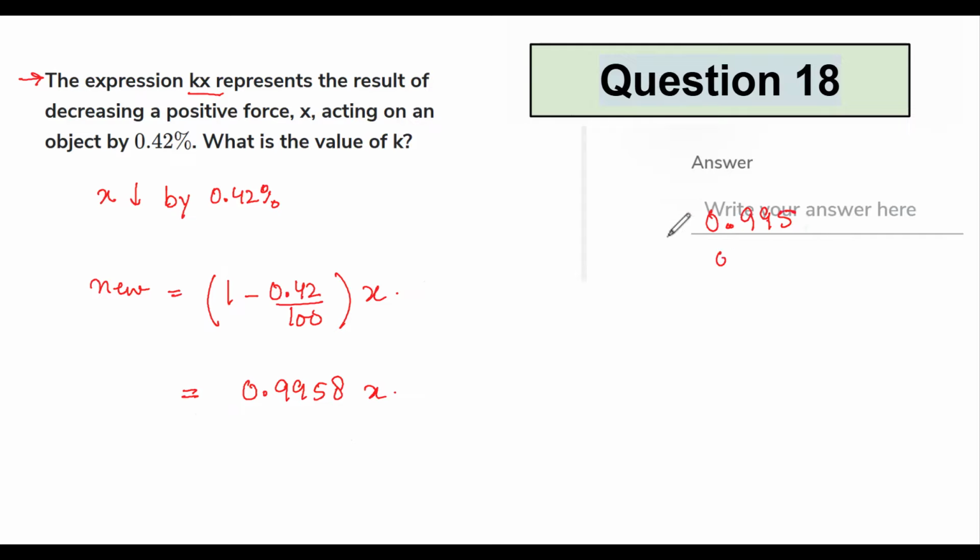Or you can write 0.99580 rounded to 6 places. That's completely acceptable. Also, you can write 0.9958. Acceptable because you just need 5 places. 5 characters you're giving as an answer. All the answers would work.